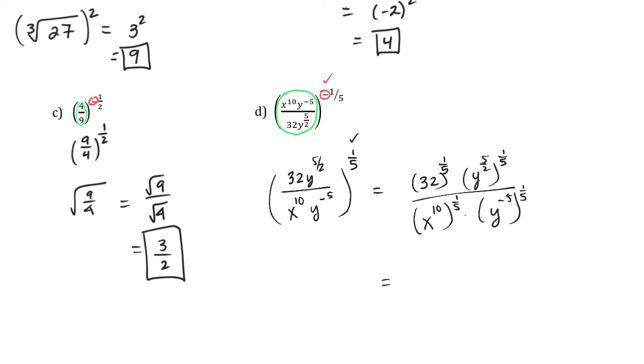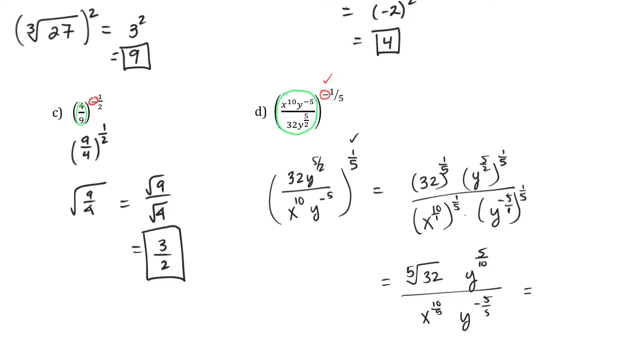Okay, now a number to the 1/5 power, we can do the fifth root of 32, and with our variables we can just multiply the exponents because we have something to a power. This would be like x over 1, so it would be x to the 10/5, and y to the negative 5 over 5, and then we can simplify that.